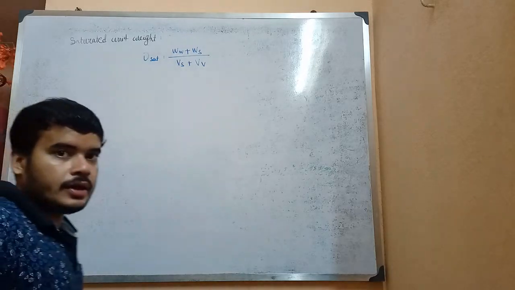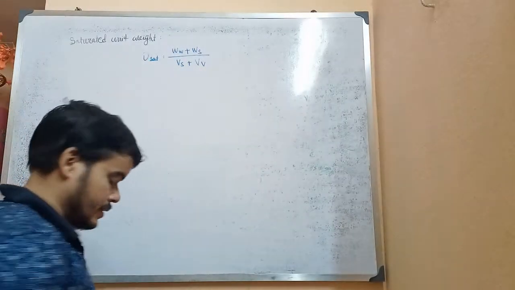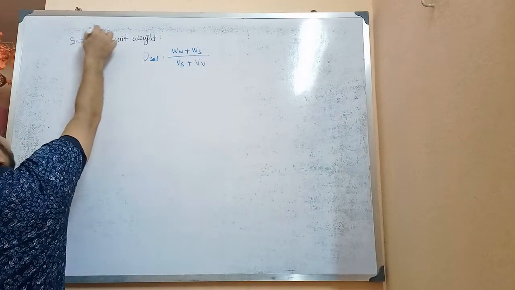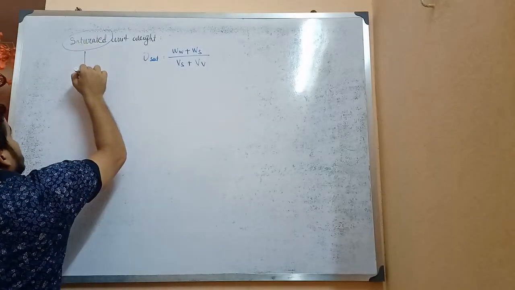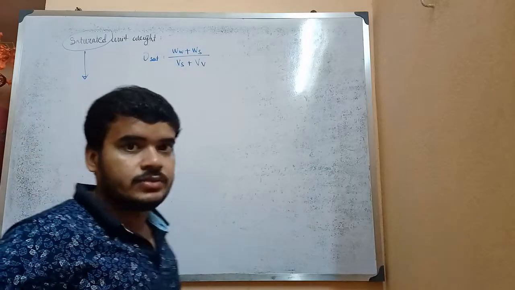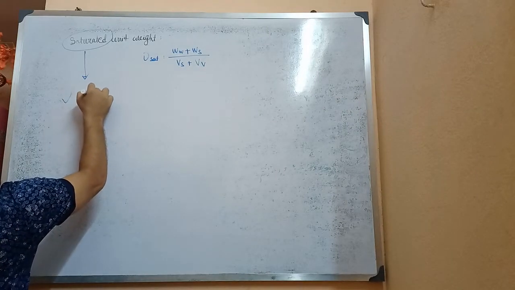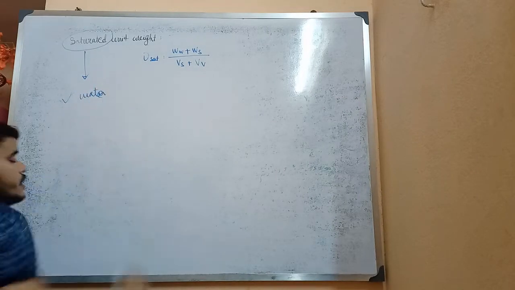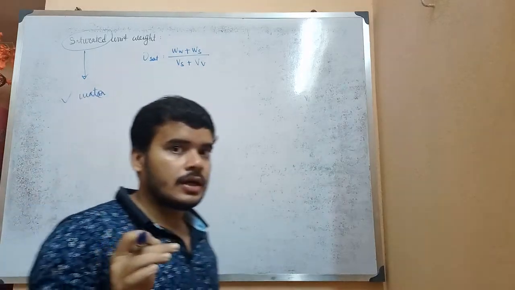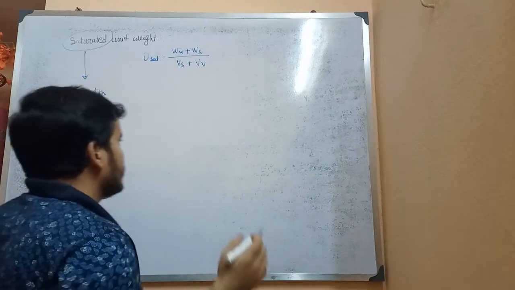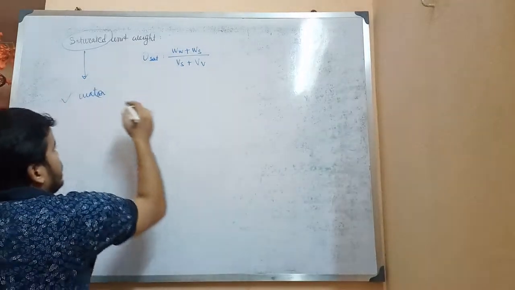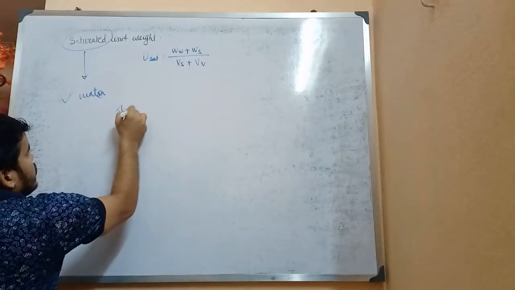Now we are going to learn about saturated unit weight. First look into the term saturated. Saturated means it deals with the water, how much water is present there. We have also learned a term, degree of saturation, in my second lecture.